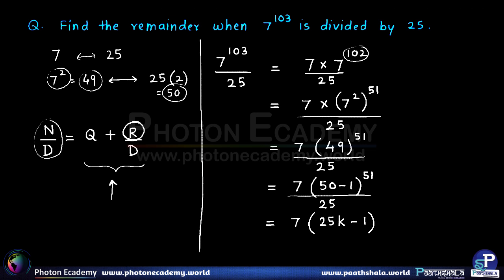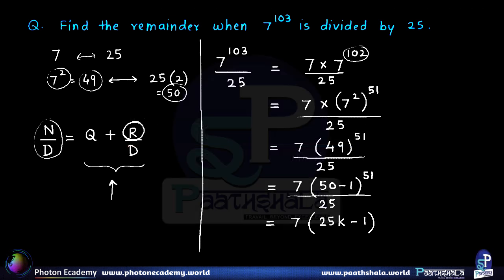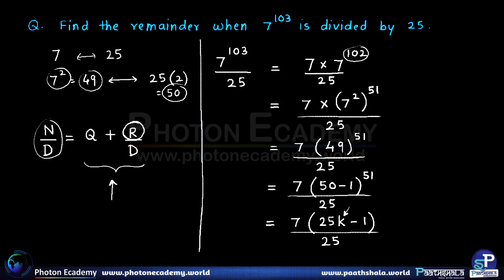Since we have (50 minus 1) whole raised to 51, we can write this as 7 into (25k minus 1) whole upon 25, because we can always write some constant k multiplying 25, and then subtract 1 and then divide by 25.